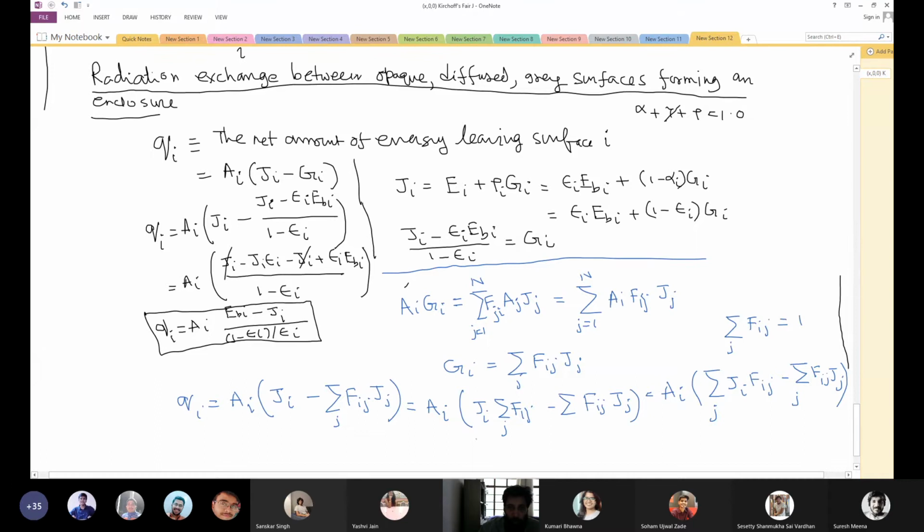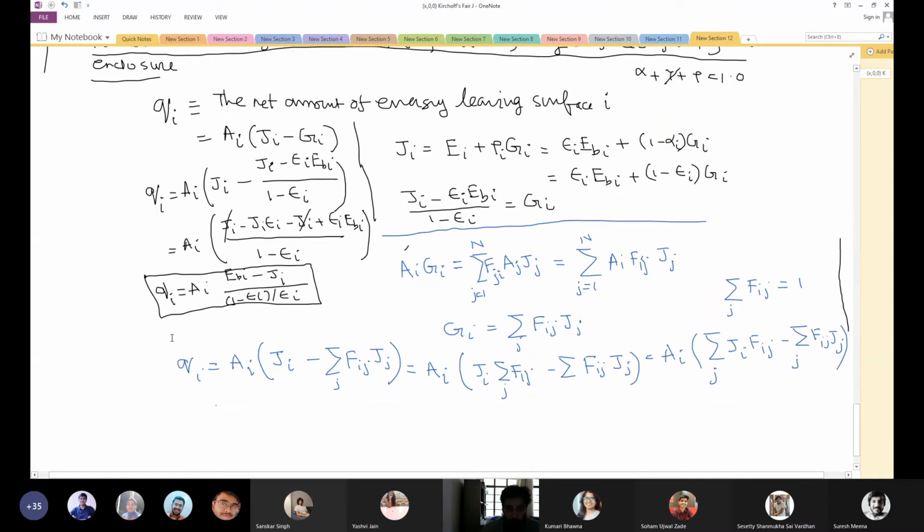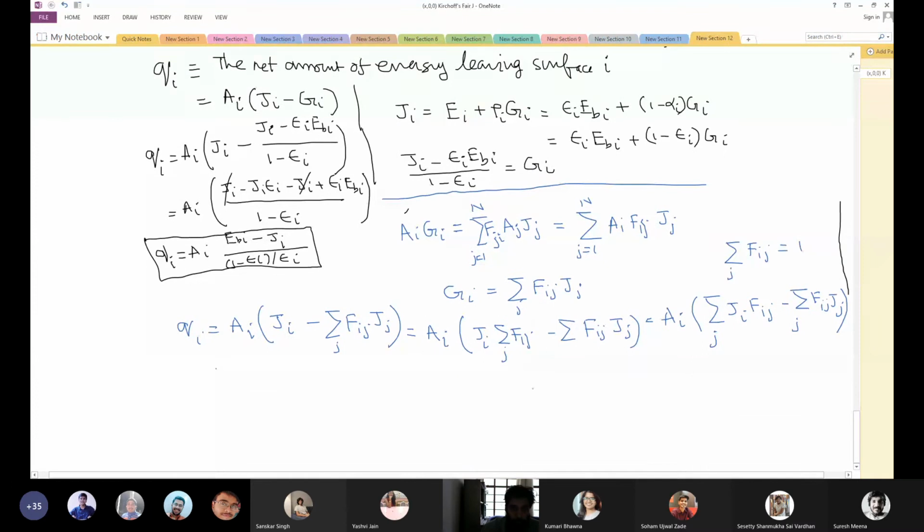So this gives qi equals ai summation over j Fij (ji minus jj).